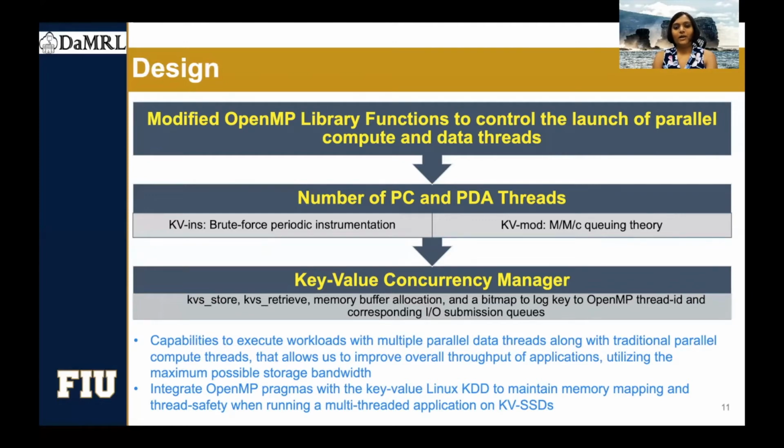But to briefly describe, we model each parallel data thread and compute thread with parallel servers. So the processing service rate of each of the servers captures the throughput of the overall workload. We also use functions like Erlang-C to capture if the job can immediately be served or it needs to wait in the queue for a while.